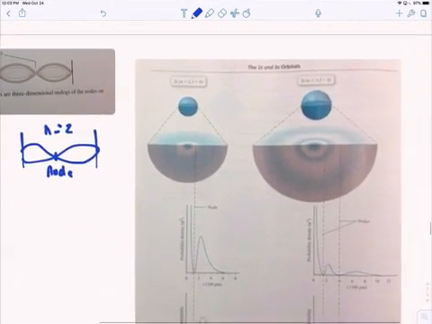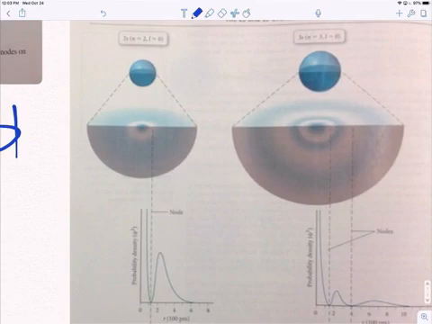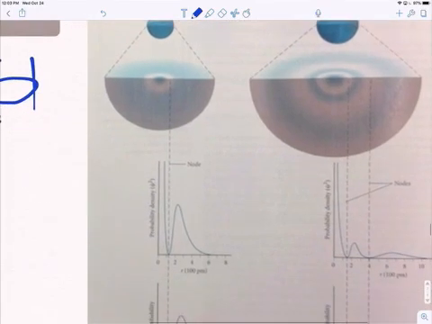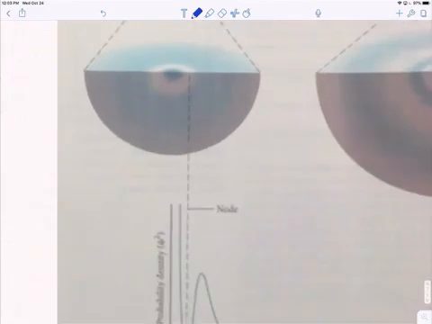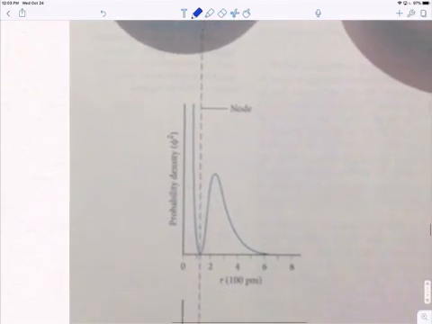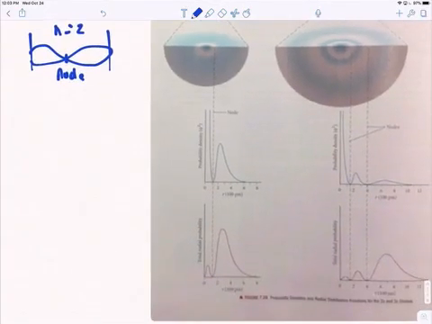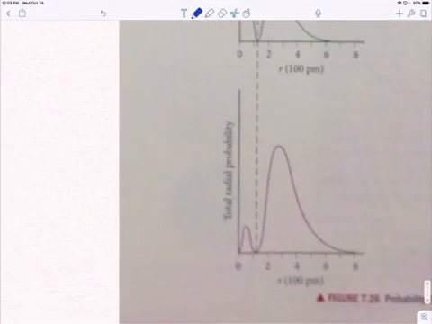The 1s orbital has no nodes. The 2s, though, has a node. Here's the picture of the s orbital. They are spherical, and there's the probability distribution function, psi squared, and the shell model. This is the 2s.